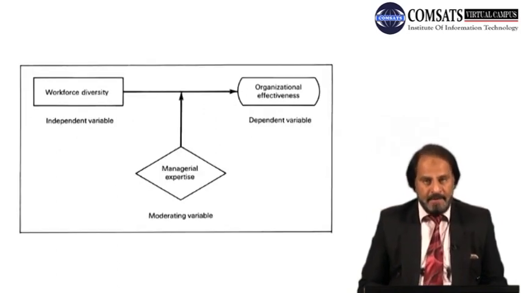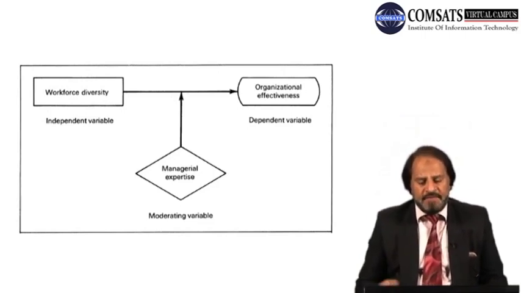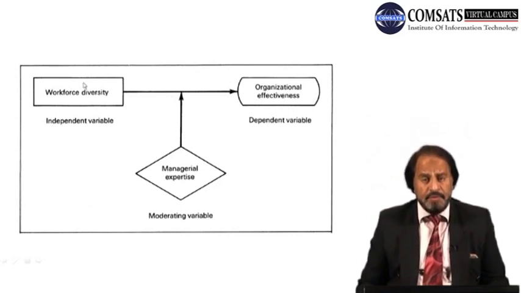Another example let's look at is workforce diversity and organizational effectiveness. In this example, the theory is that if your organization has different types of employees, from different backgrounds, those organizations are more effective.